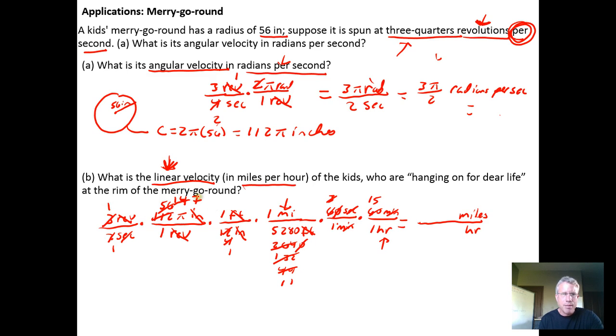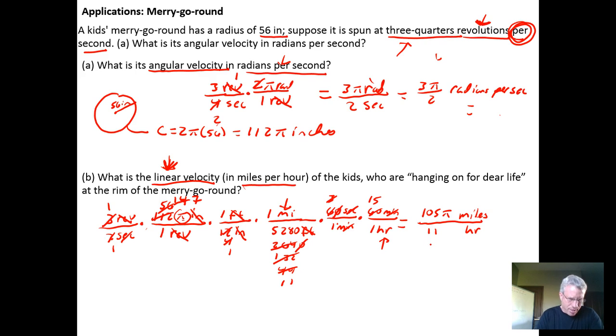So we have 1 times 7 times pi. There's that pi hiding right there. 1 times 7 times pi times 1 times 15. So 7 times 15 is 105 pi. And on the bottom we're multiplying a whole bunch of 1s until we get to this 11. So we get 105 pi over 11 miles per hour.